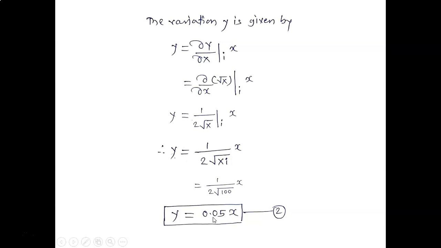Now we will find the value of small x, because we have not found it yet. Therefore, small x is equal to x minus xi, which is equal to 98 minus 100. Therefore, small x is equal to minus 2. Therefore, substituting this value in the previous equation, from equation 2, small y is equal to 0.05 into small x. Therefore, 0.05 into minus 2, which is equal to small y is equal to minus 0.1.